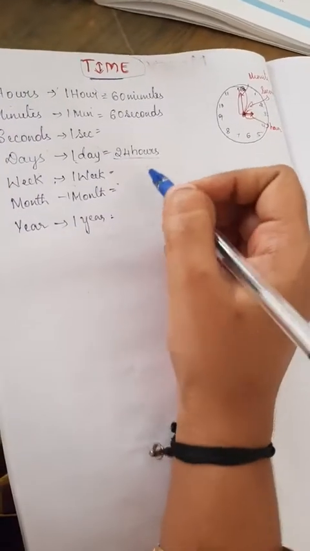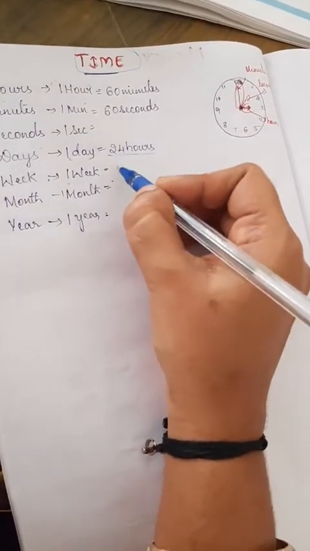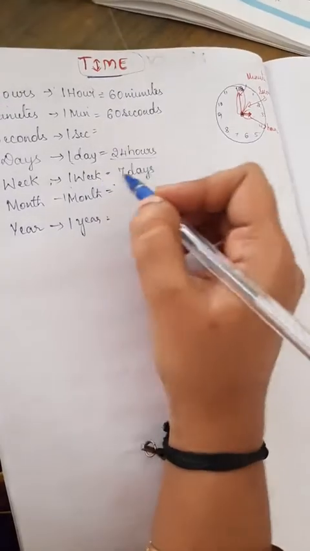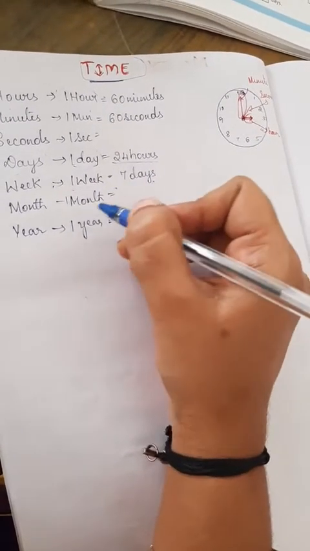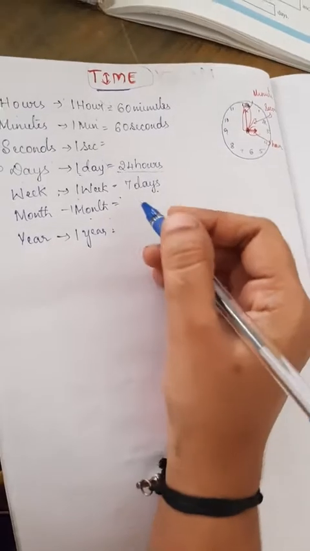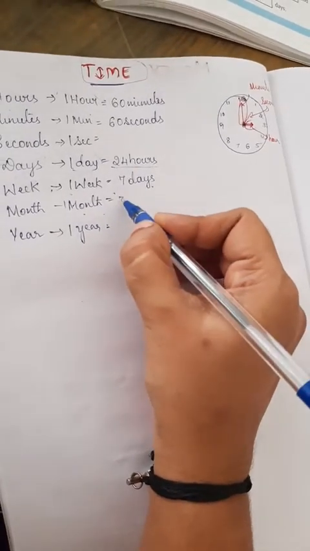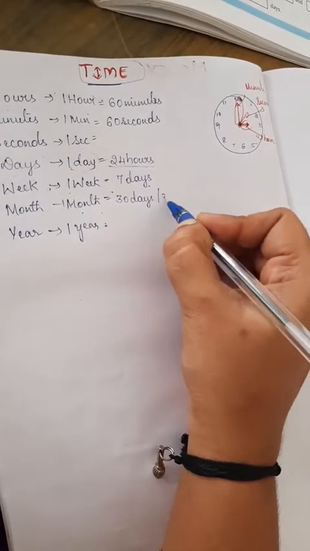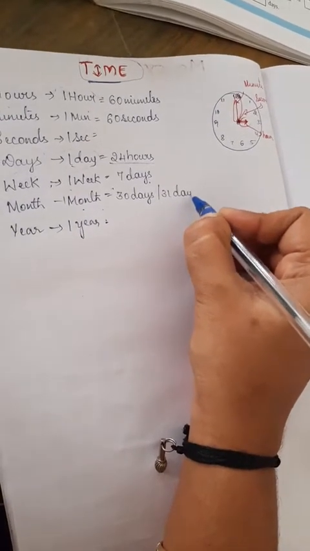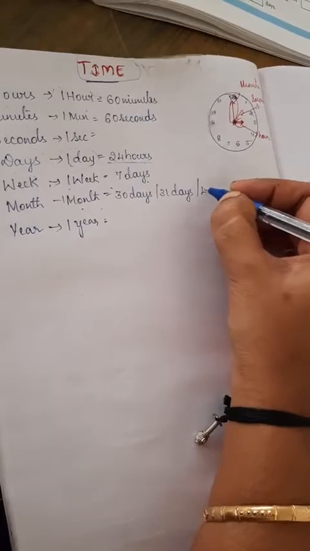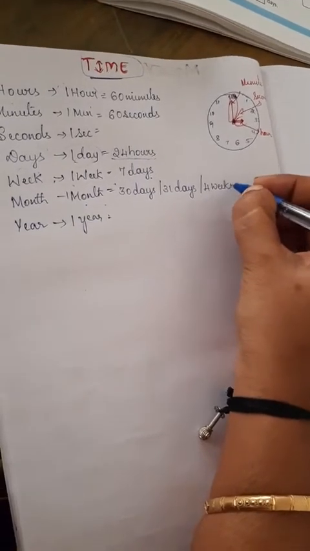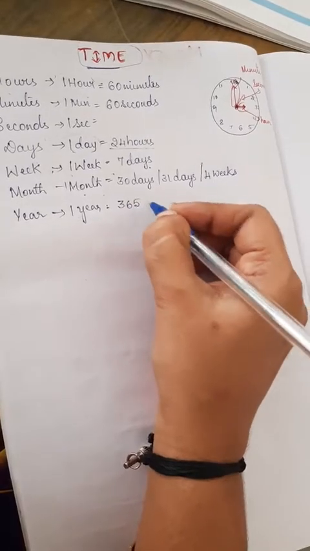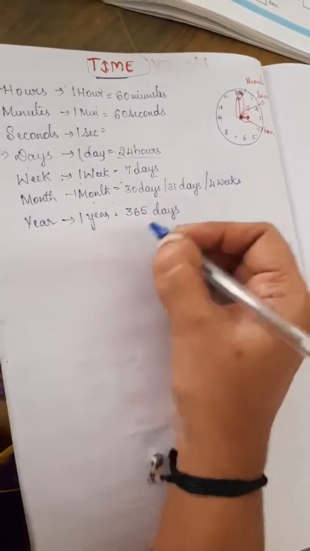1 week means how many days will be there in 1 week? 7 days, right? 1 month constitutes how many days? Either 30 days or 31 days, or you can also say 4 weeks. 1 year is equal to how many days? 365 days.